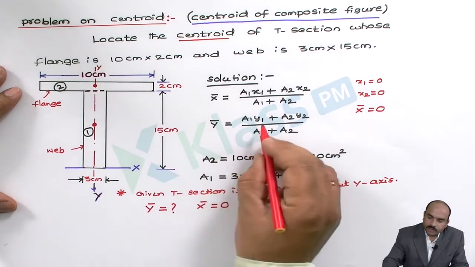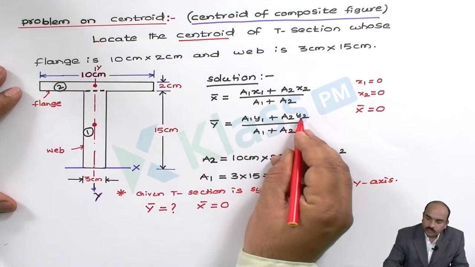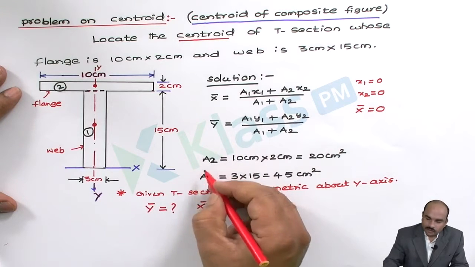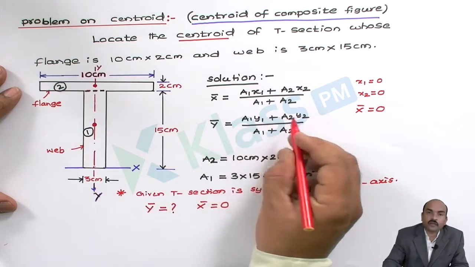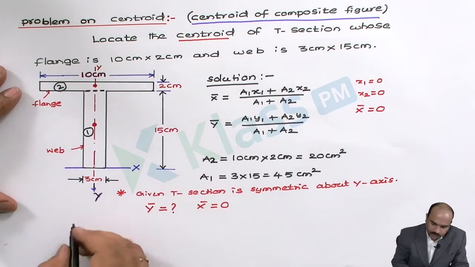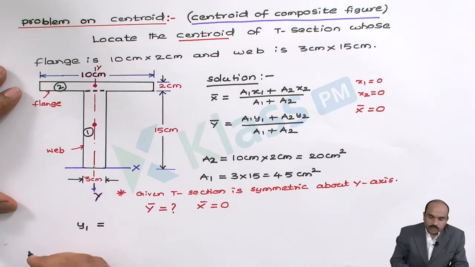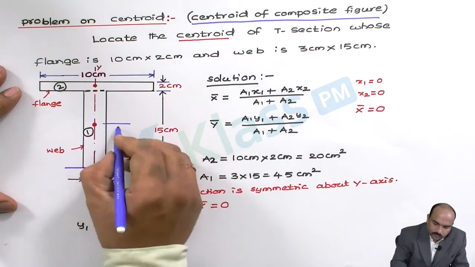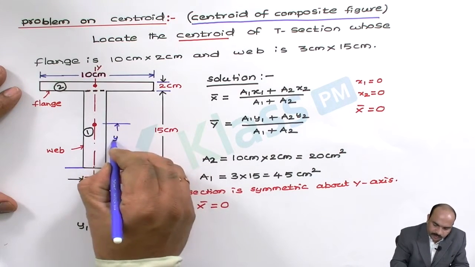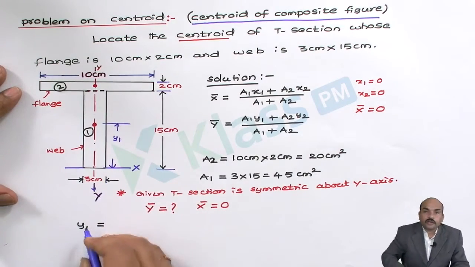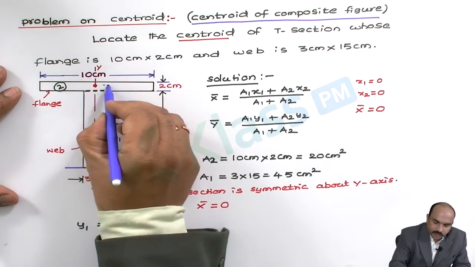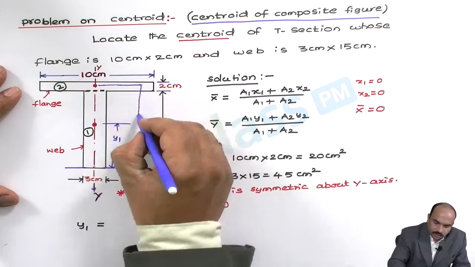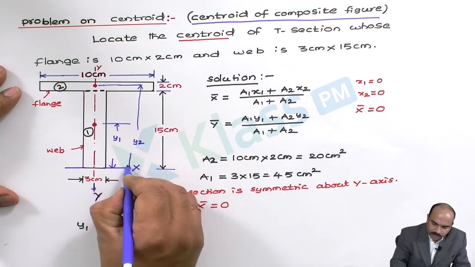To calculate y bar, we need y1, y2. A1, A2 we already calculated, we just have to calculate y1, y2. So let us calculate y1. I will show you in the diagram. This length is y1. And y2 means from the center of the second rectangle up to the x-axis.